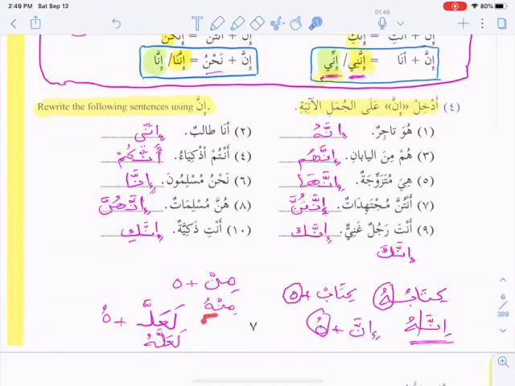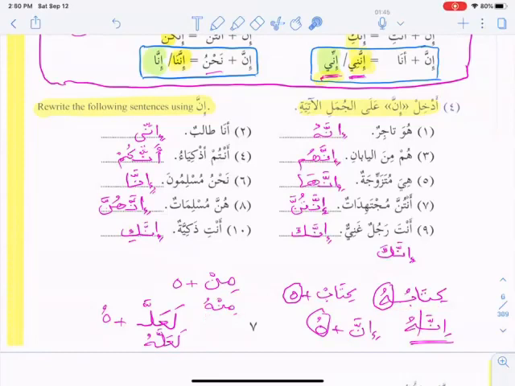And see here, this is majroor. So now we come to the conclusion that the attached pronoun, damirun muttasilun, will have two categories. It can be marfu. No, I beg your pardon. It can be mansoob, like innahu or la'allahu, or it can be majroor, mudaf ilayhi, kitabuhu, or minhu. So that we should understand.